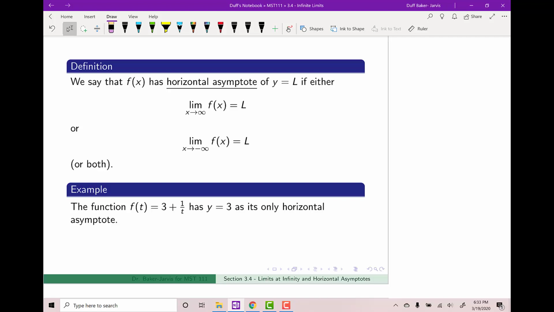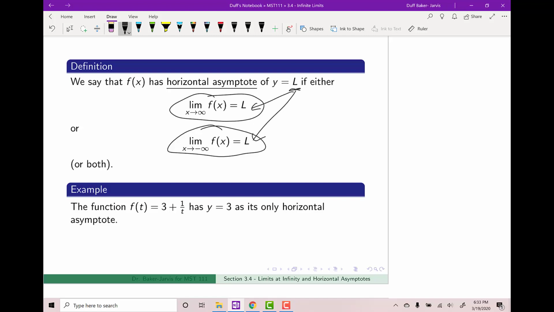A horizontal asymptote, on the other hand, is saying if we send the inputs off to infinity, is there something that the output settles towards or approaches? Essentially, a horizontal asymptote is another word for saying that a function has a limit at infinity. So if a function has a limit at infinity or at -infinity, then it's said to have a horizontal asymptote of whatever that limit is equal to.